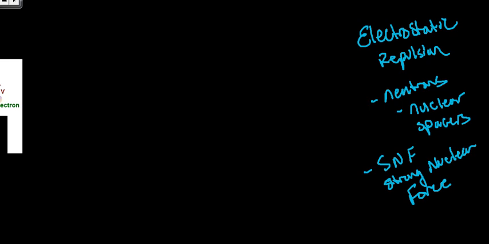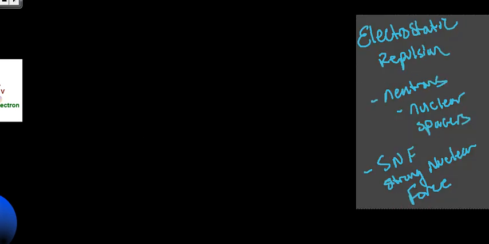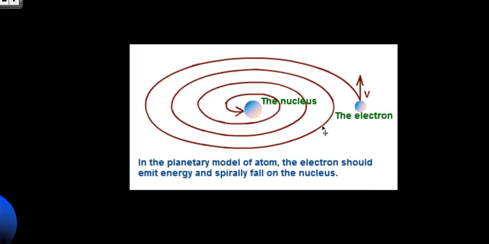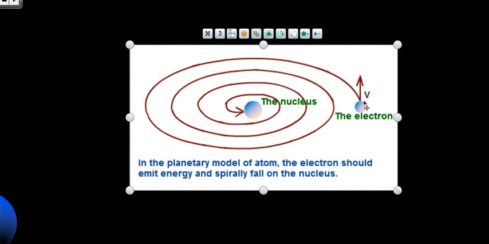And so we'll move this out of the way, and we'll hide these. The other issue with it looks like this. And in the planetary model of the atom, if this is our nucleus and we have electrons going around the nucleus, if that's it, then the electrons should be losing energy as they are changing direction.